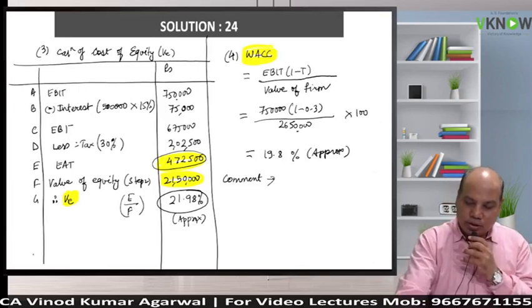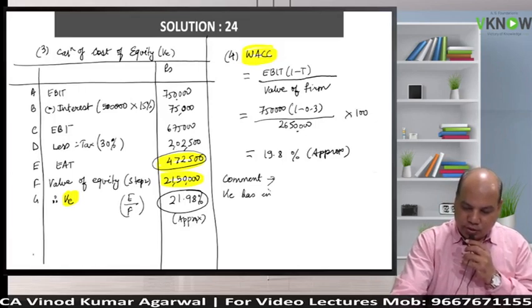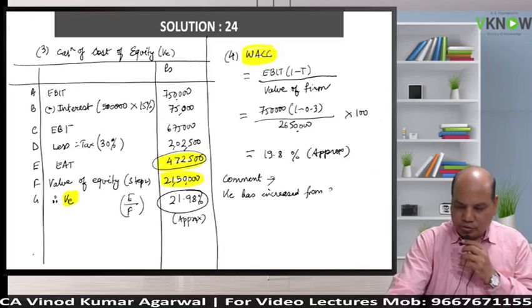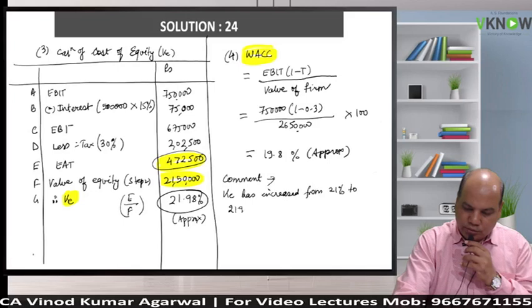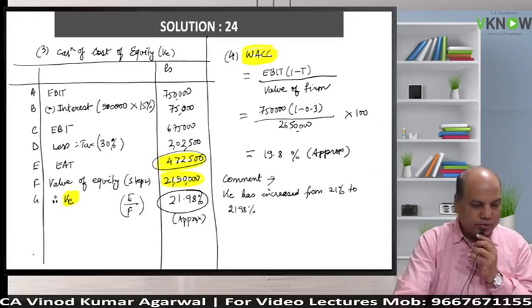Okay, so write down: cost of equity has increased from 21% to 21.98%.